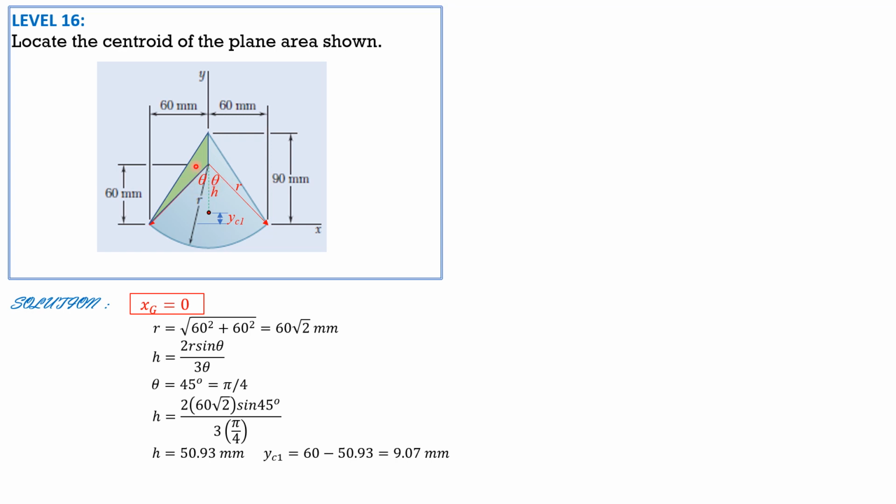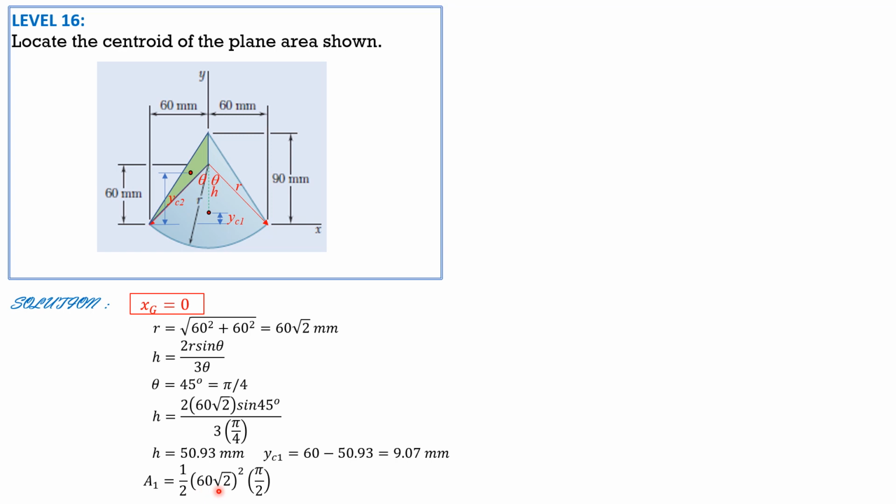This is area 2, which is equal to this triangle. So that's the centroid, and this is y sub c2. But area 1 is 1/2 radius squared times the central angle, which is 2 theta, 2 times 45 degrees, 90 degrees, or pi over 2 radians.